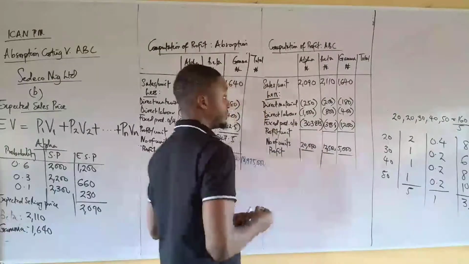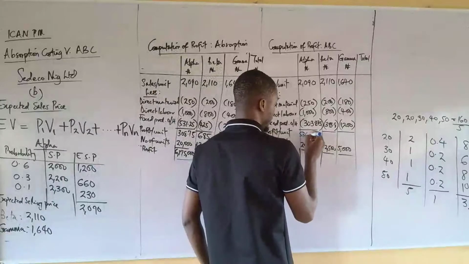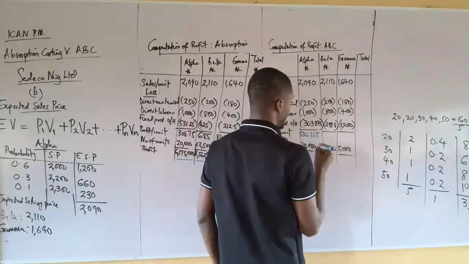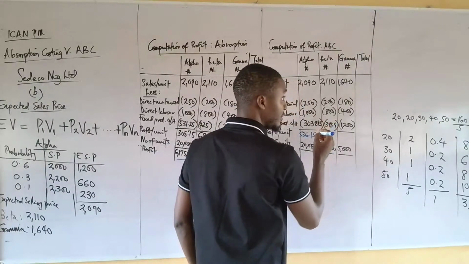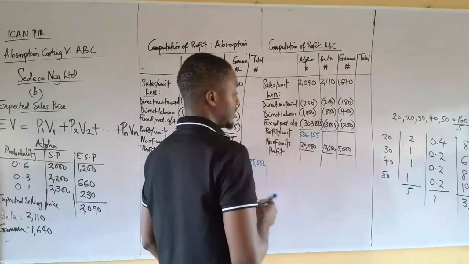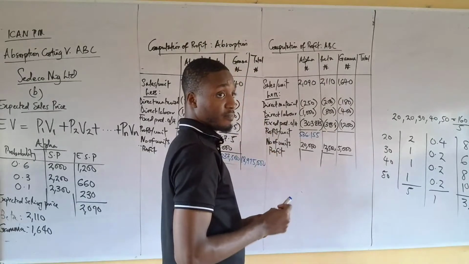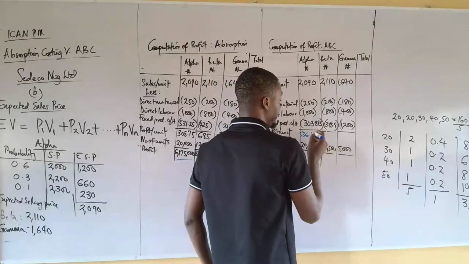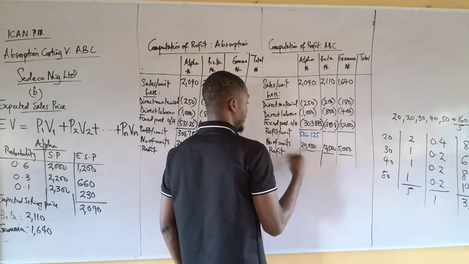What do we have here? 155. 536.125. So just go ahead and multiply by 20,000.